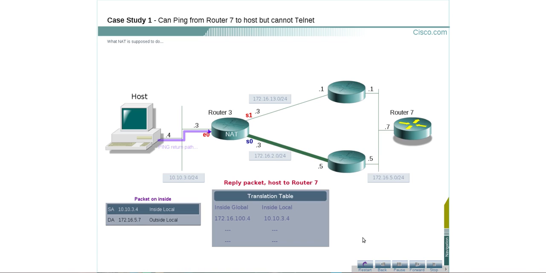Once the route lookup takes place, the packet is checked against the translation table where we find a valid translation for the inside local address. The respective translation is then made and the resulting packet is sent towards router 7 with a source address of 172.16.100.4, which is the inside global address, and a destination address of 172.16.5.7, which is the outside global address.